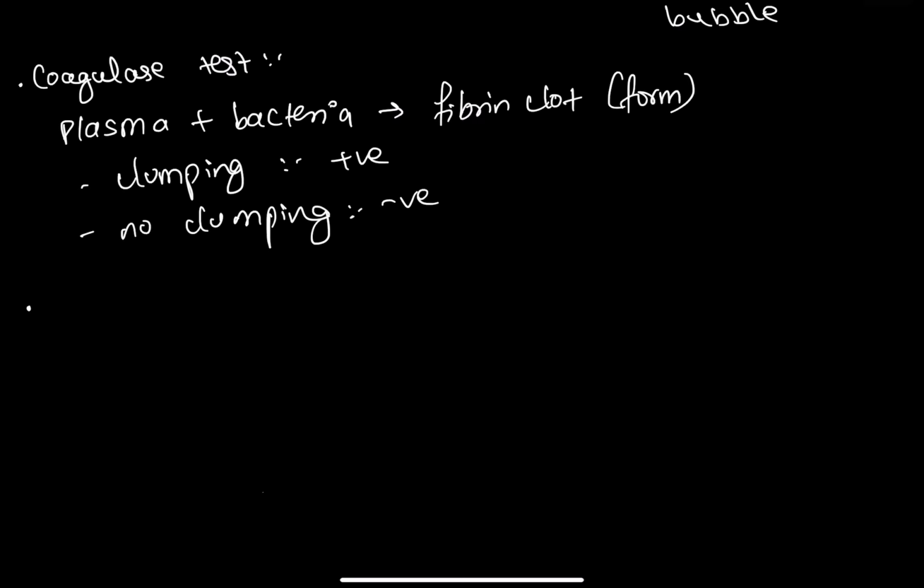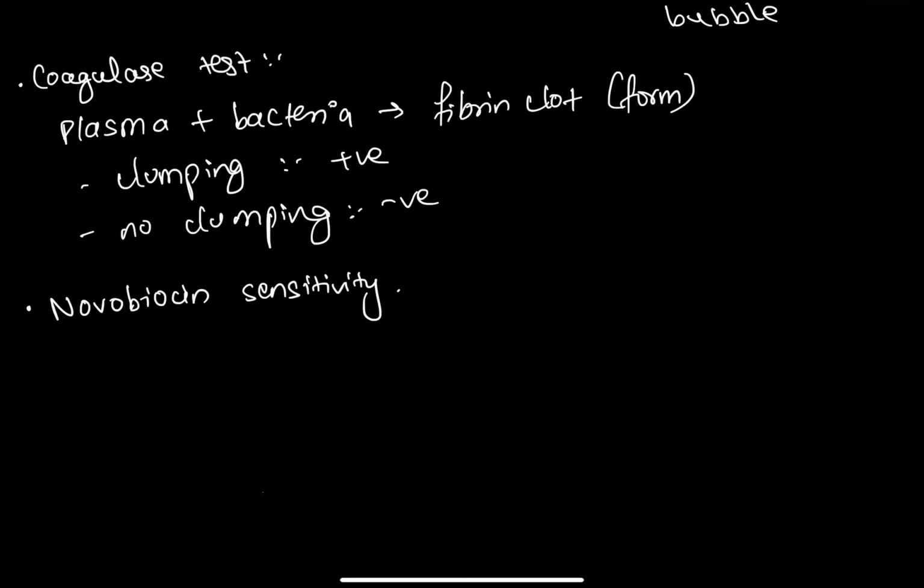The coagulase positive organism is Staphylococcus aureus, and the remaining organisms are again divided on the basis of another test known as the novobiocin sensitivity test.